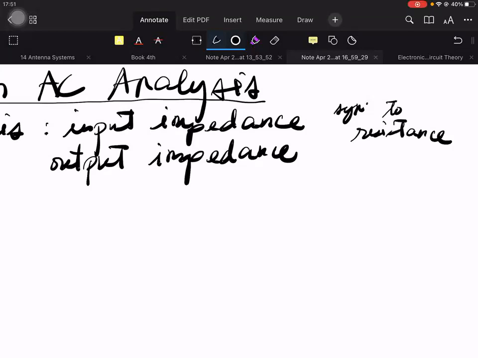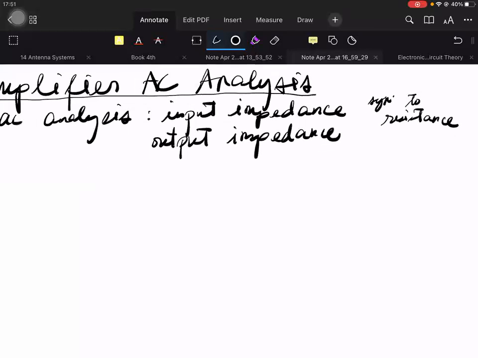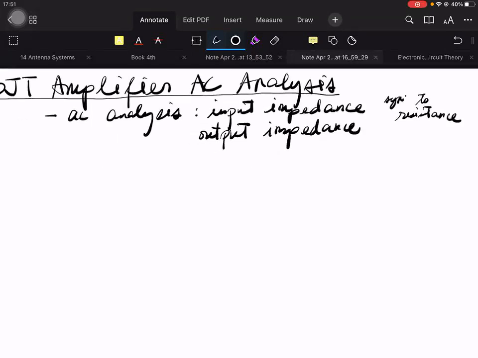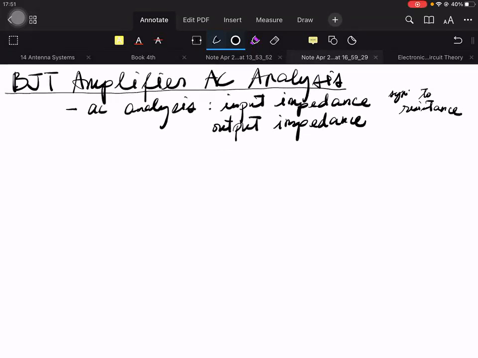That's why usually we denote impedance in a circuit as a resistor still. So we have the input impedance, output impedance, and the gain. These AC domain parameters are also the characteristics of our amplifier that are of more importance to us, more important, with more practical value.